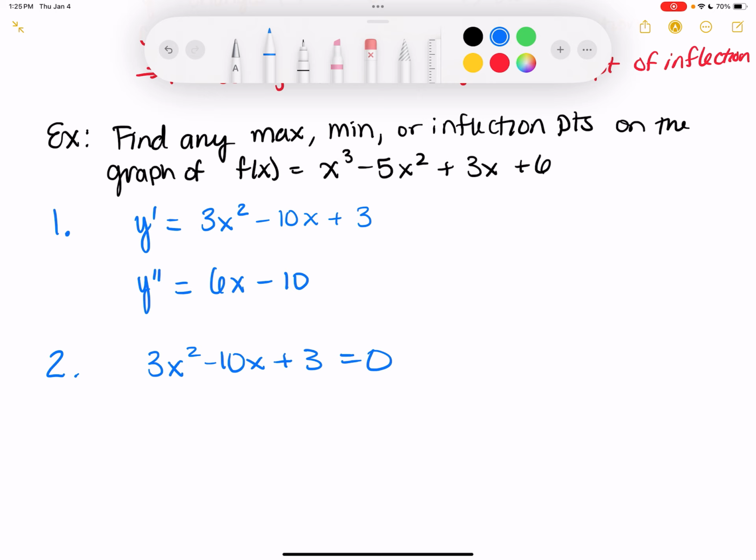Throwing it back a little bit. So you want to find two terms that will multiply to 9 and add up to give me negative 10. So negative 9 and negative 1.